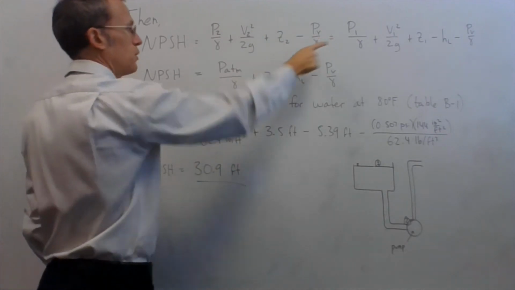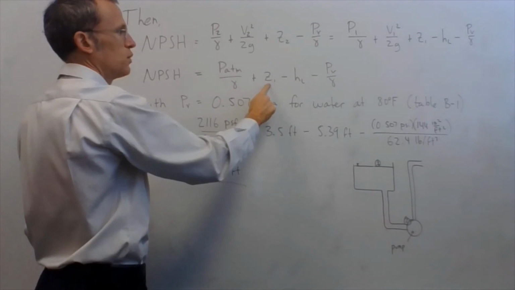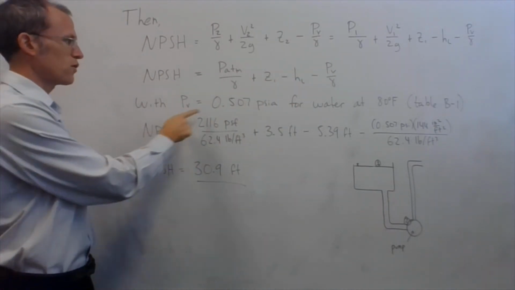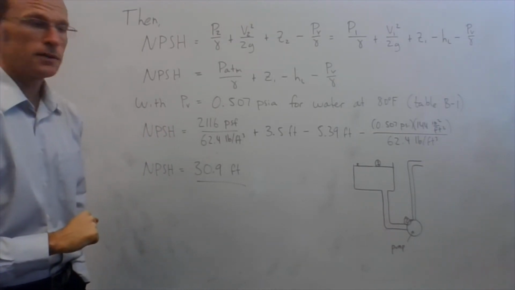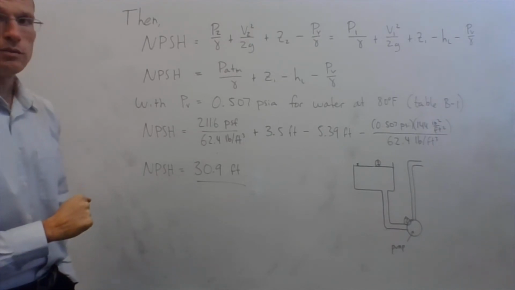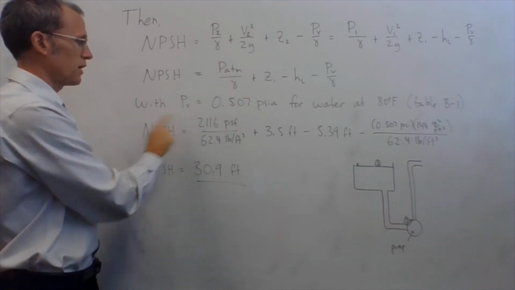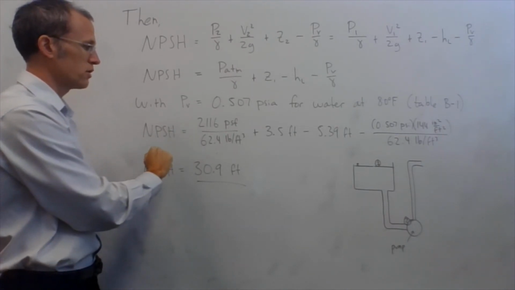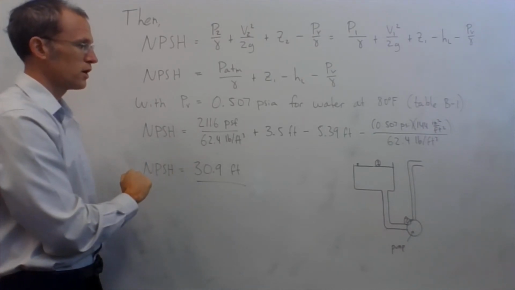And so at point 1, P1 is atmospheric, V1 is 0, I still have the Z1, minus head loss and the vapor pressure. Vapor pressure of water at 80 degrees Fahrenheit is 0.507 psi. Get that from table B1. And so putting all those numbers in, for the net positive suction head, I have 2,116 pounds per square foot atmospheric pressure, divided by 62.4 pounds per cubic foot for water.